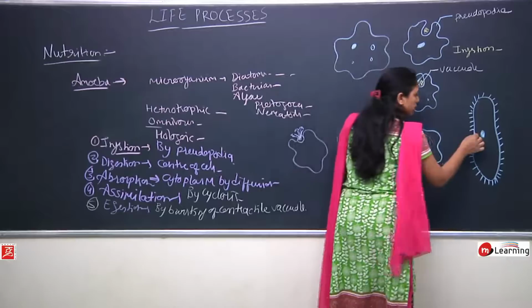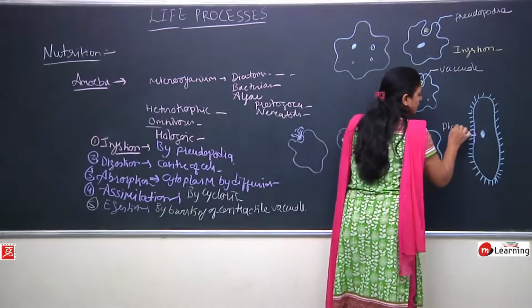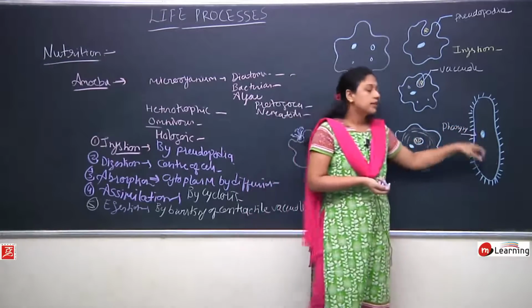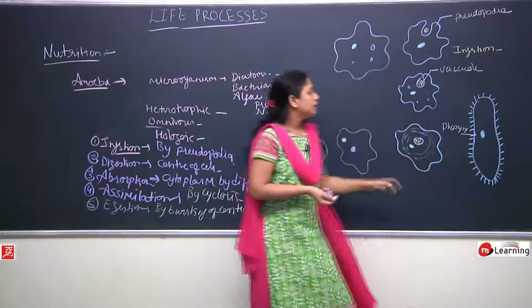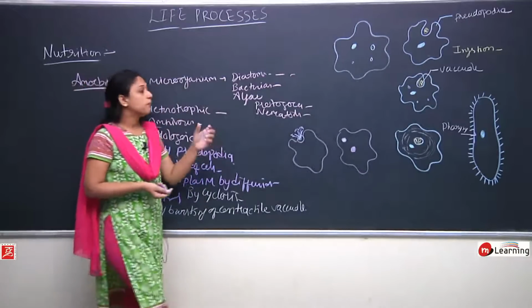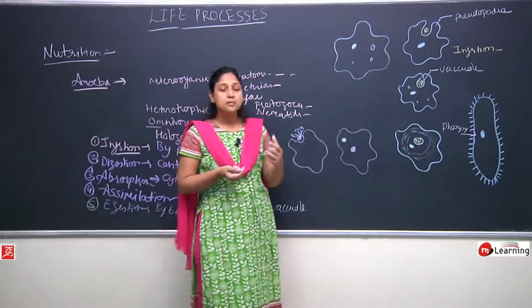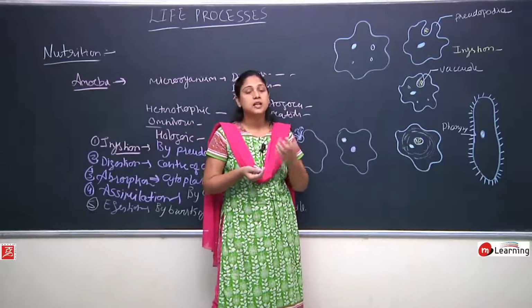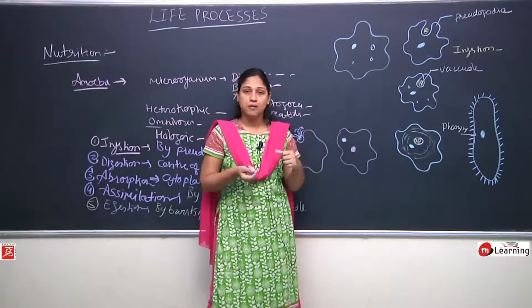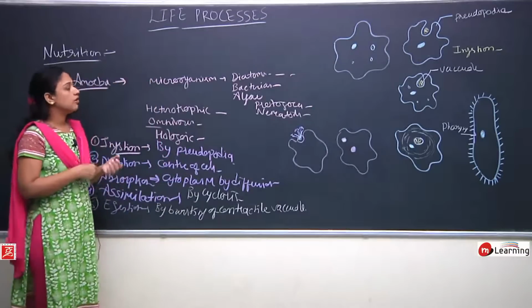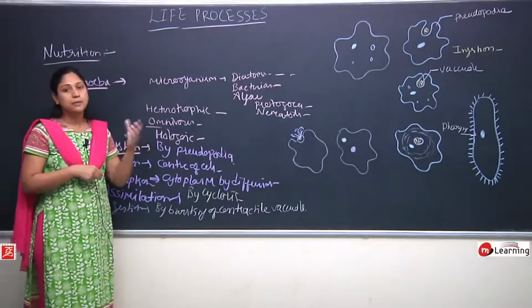This opening is called the pharynx or gullet, and by this gullet the food gets inside, and all the other processes are the same, but the only difference is that paramecium has an opening or mouth or pharynx by which it ingests the food. So this is the difference between the mode of nutrition in amoeba and paramecium.